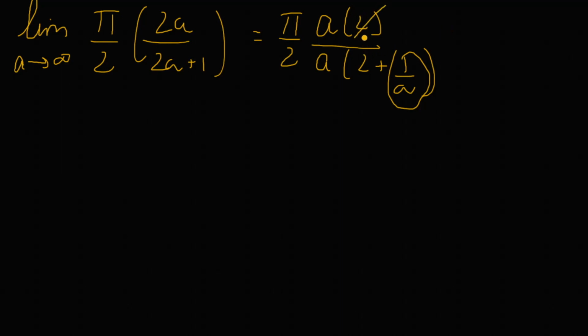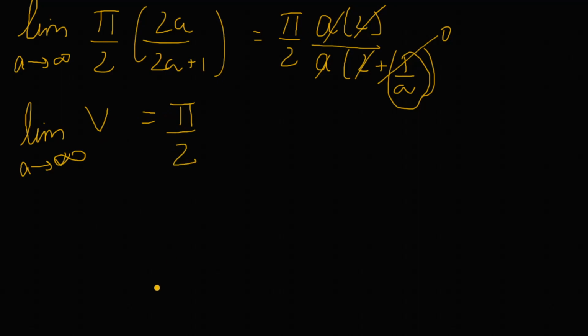The 2 and 2 will get cancelled, and a gets cancelled. So the limiting volume, limit as a tends to infinity of volume, is pi by 2. And we are done. So the answer is pi by 2. Volume is equal to pi by 2 units.